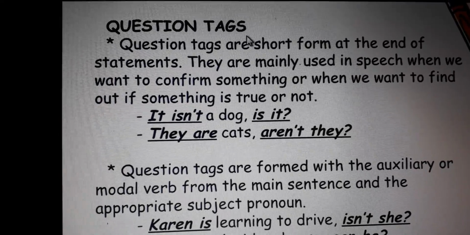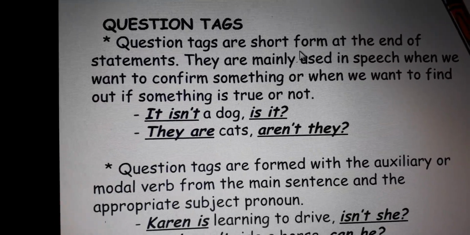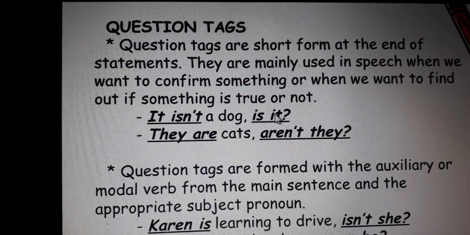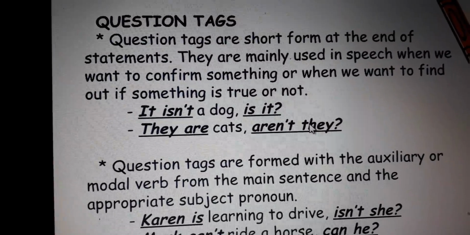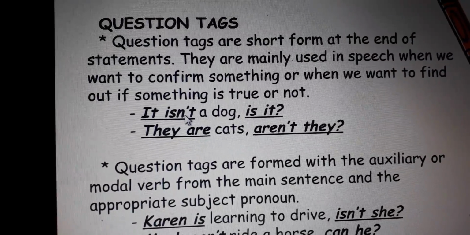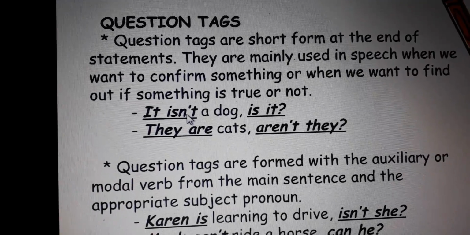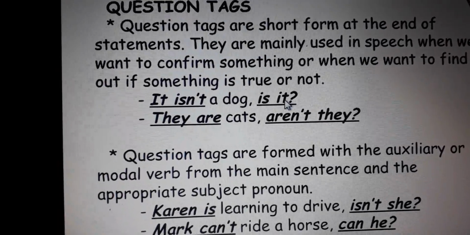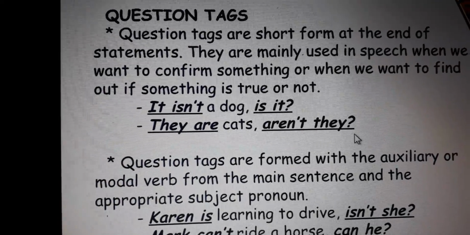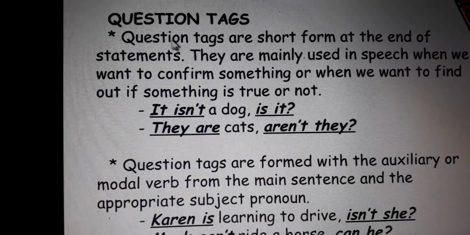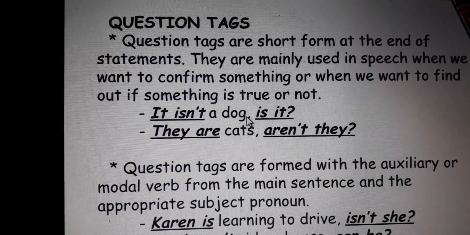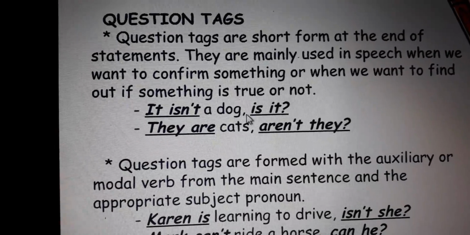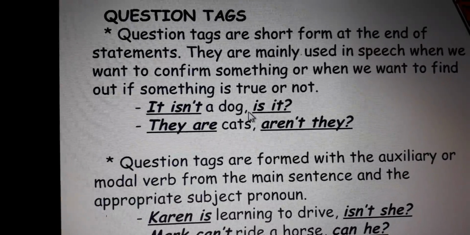So a question tag is a short form which is used at the end of the statement to confirm whether the given statement is true or false. It is followed by a question mark at the end, as the name is question tag. It asks a question for confirmation.